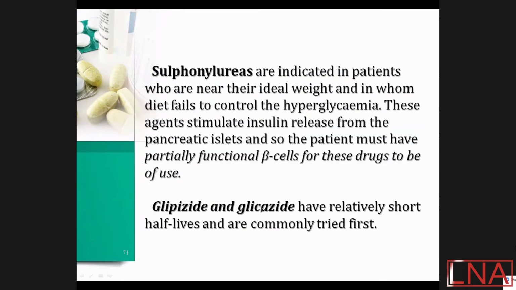They are indicated in patients who are near the ideal weight, if there is no weight problem. Glipizide and gliclazide, drugs from the second generation, have short half-lives and are commonly tried first in therapy.